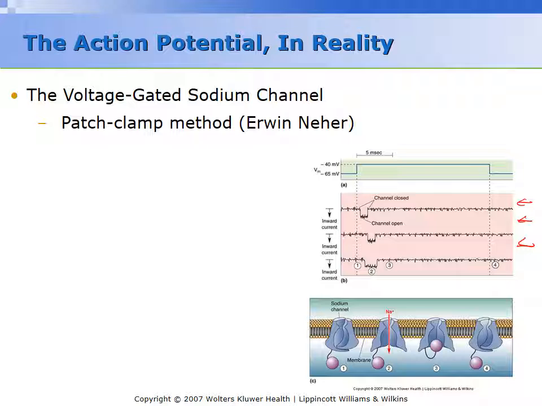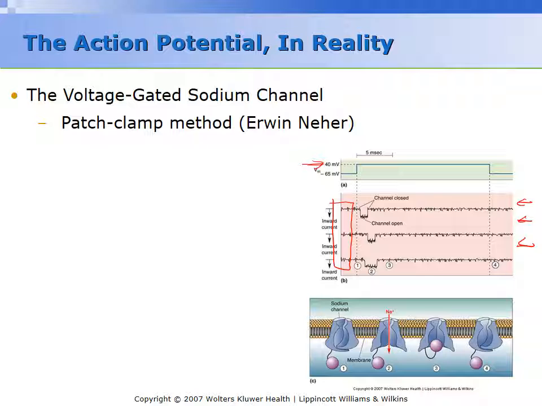So when we are at minus 65 millivolts, everything is closed, nothing is happening, right? As we would expect. But when the membrane is depolarized to minus 40, something interesting starts happening.